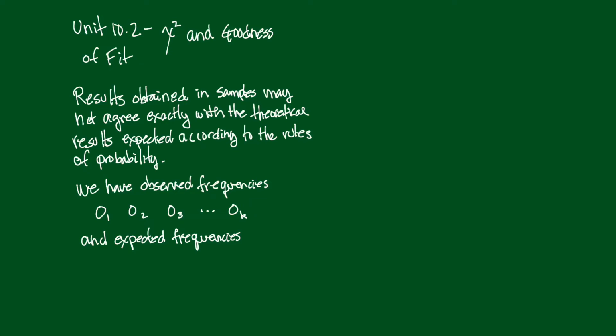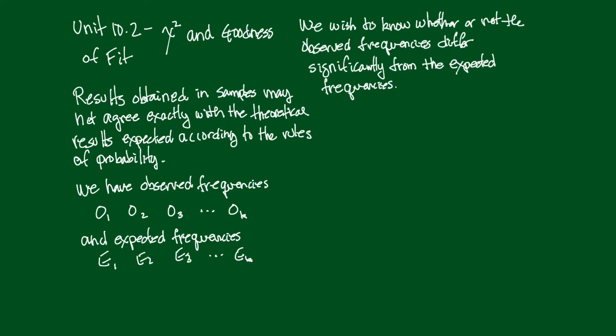I'll use capital E: E1, E2, E3, up to E sub k. Now we wish to know whether the observed frequencies differ significantly from the expected frequencies. What we observe, does it differ significantly from what we expect?